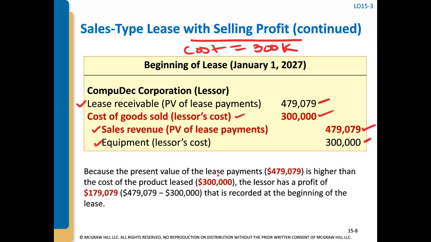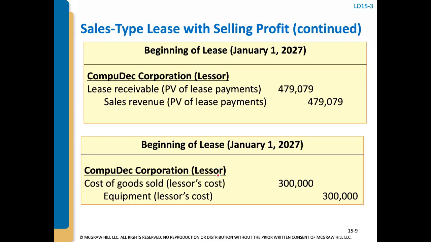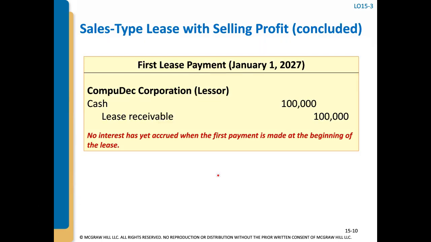Therefore, we have a profit on our income statement for $179,000 because we have sales of $479,000 and cost of goods sold of $300,000. So the difference is your profit. This slide has the same entries, just broken out into two different entries, so use whatever is easier for you to understand. It makes no difference.